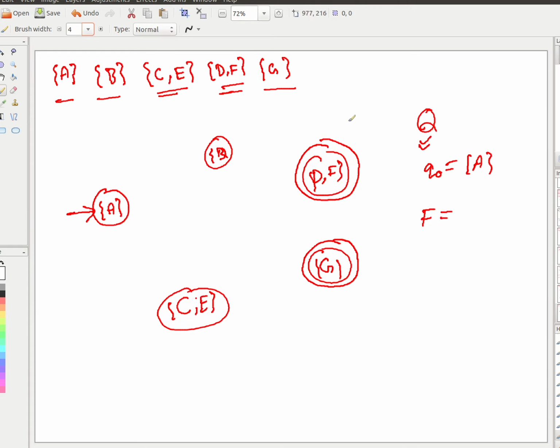So DF is one final state on the minimized, G is another final. Okay, we got two final states, one is G, the other one is D and F. Okay, now three things are done. Sigma I think is already known as 0, 1. So what is the last one?